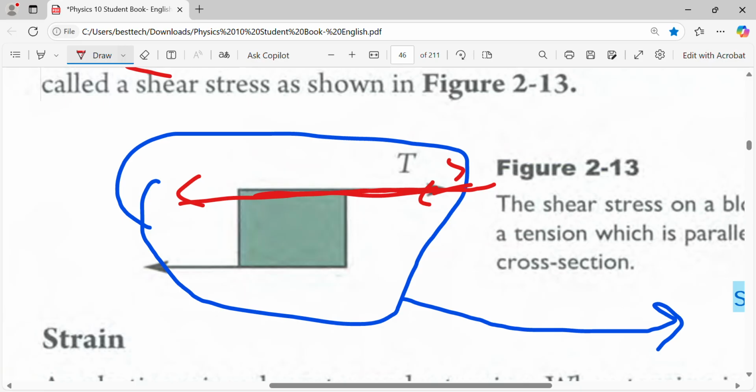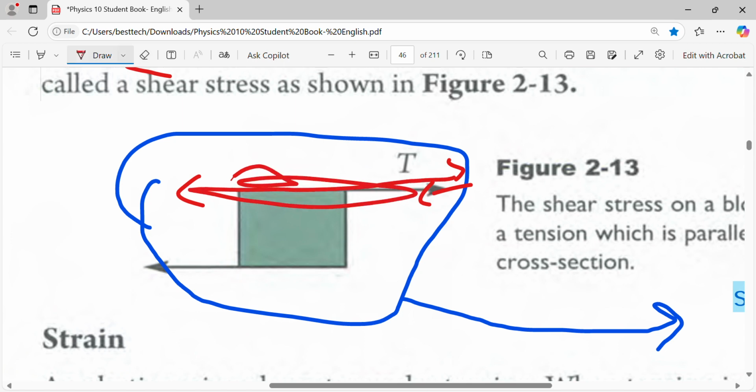So this force, this tension, just intersects the surface of this object. The direction of the T lies along the surface of the object.